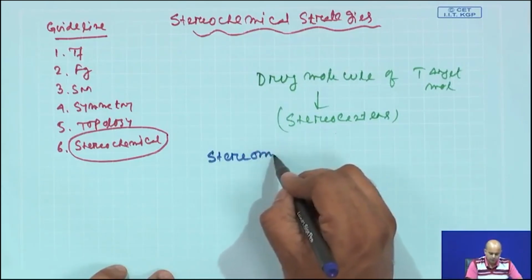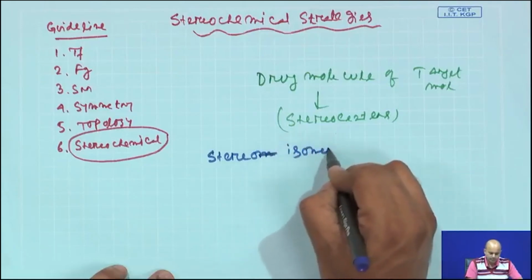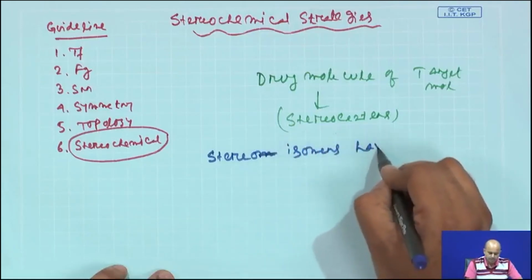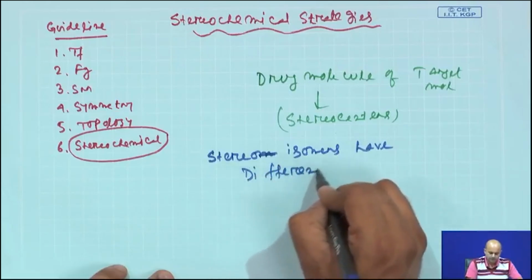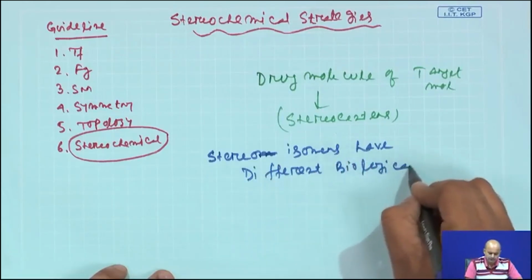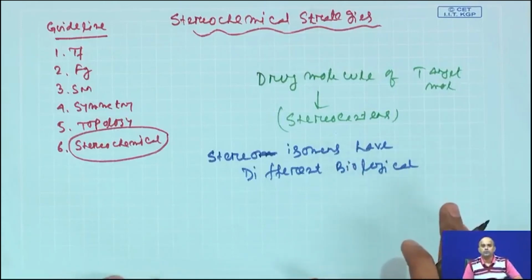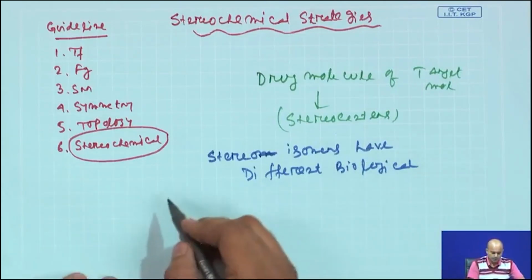So, individual stereoisomers have different biological properties. This is very important, to synthesize the particular or the proper stereoisomer which you are looking for.